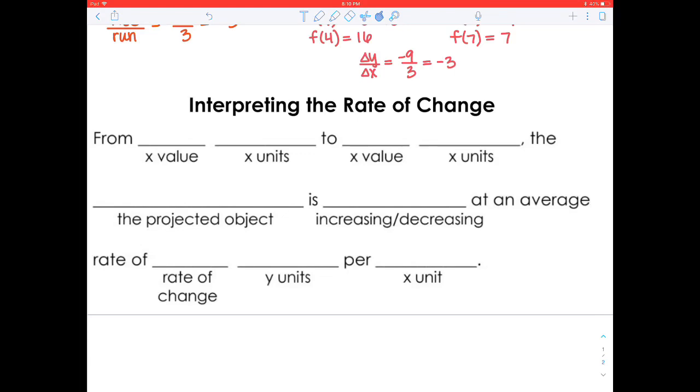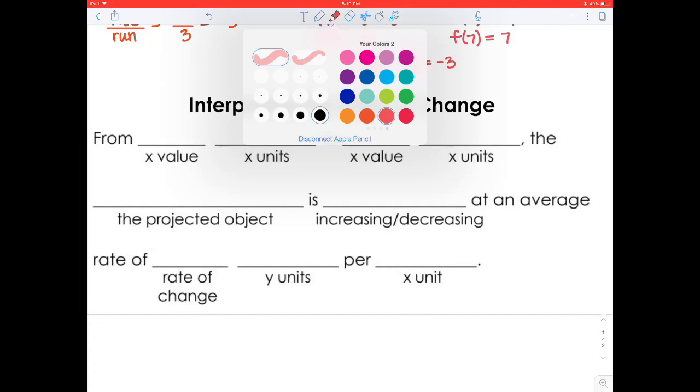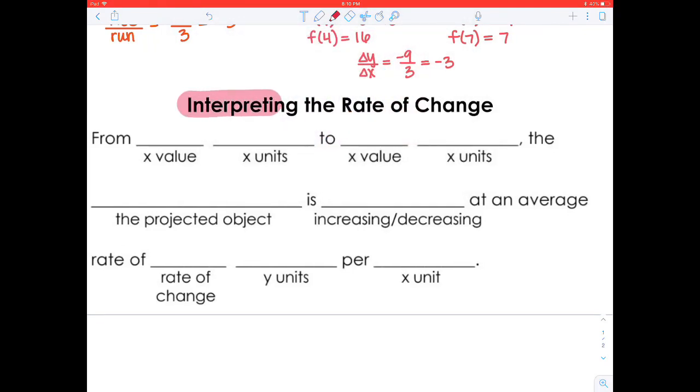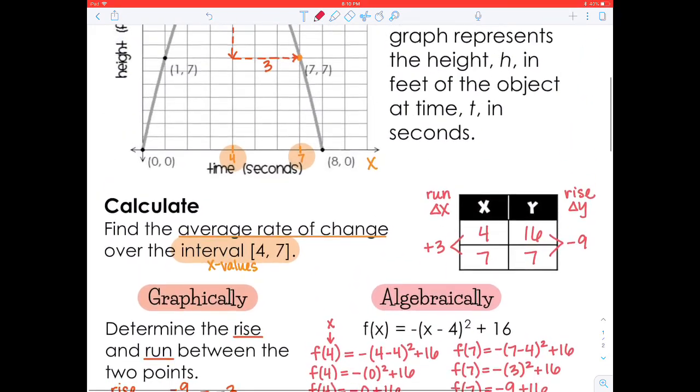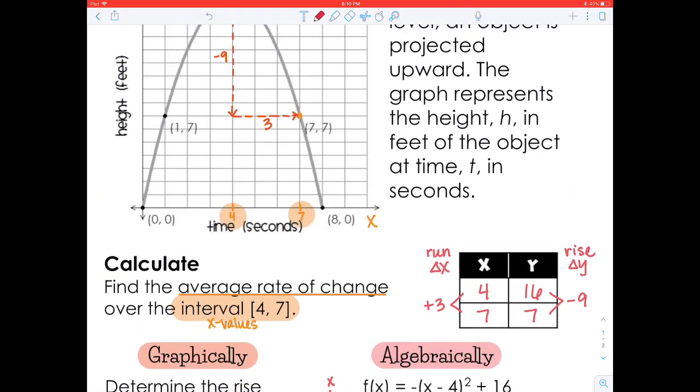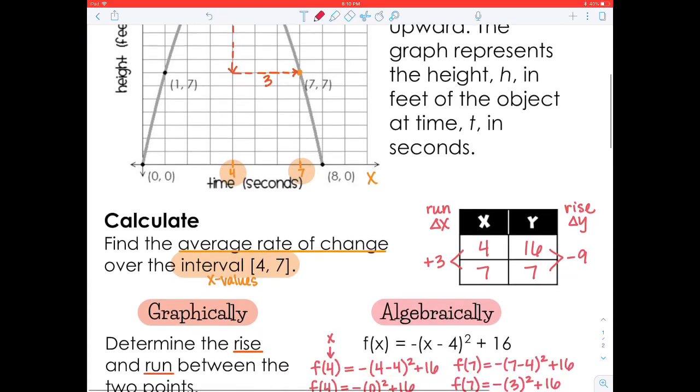So to start, you would say from this x value to this x value. So we did from 4 to 7. So we would say from 4, that's our first x value. And what does this x value mean? What are we measuring on the x-axis? We're measuring in seconds, okay?